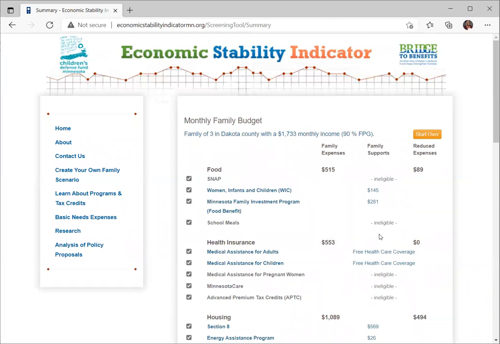Instead, they go towards reducing the family's expenses for these different expense categories. So for example, for food, the family's food expense is $515. And if they're enrolled in all of these programs for which they're eligible, their food expense is reduced to about $89 a month. And then with healthcare, they're enrolled in medical assistance, their healthcare expense would be reduced to about $0.